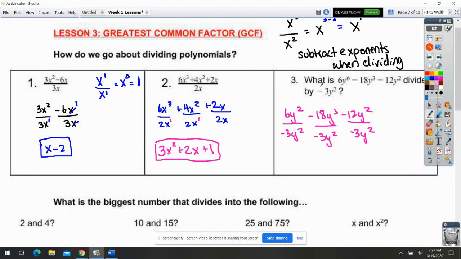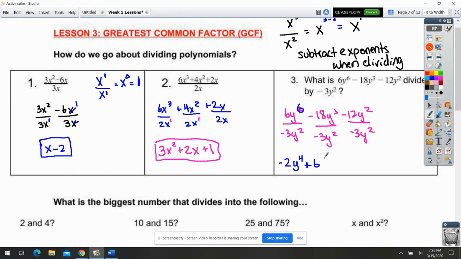All right, so let's do our division. So 6 divided by negative 3 is negative 2. I'm sorry, this was y to the 6. Sorry about that. And then we have y to the 6 divided by y squared. So 6 minus 2 is y to the 4th. Now, negative 18 divided by negative 3 is positive 6. y to the 3rd divided by y squared.